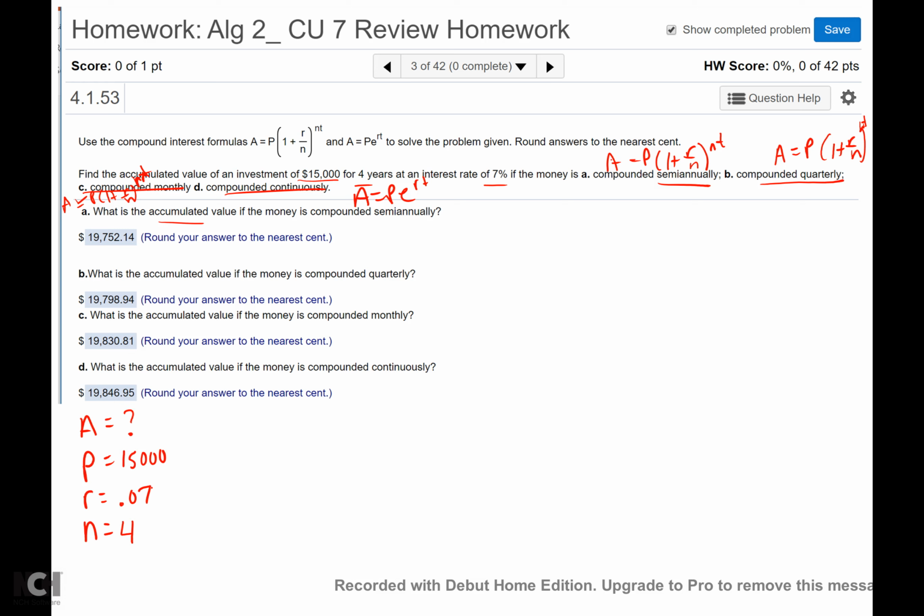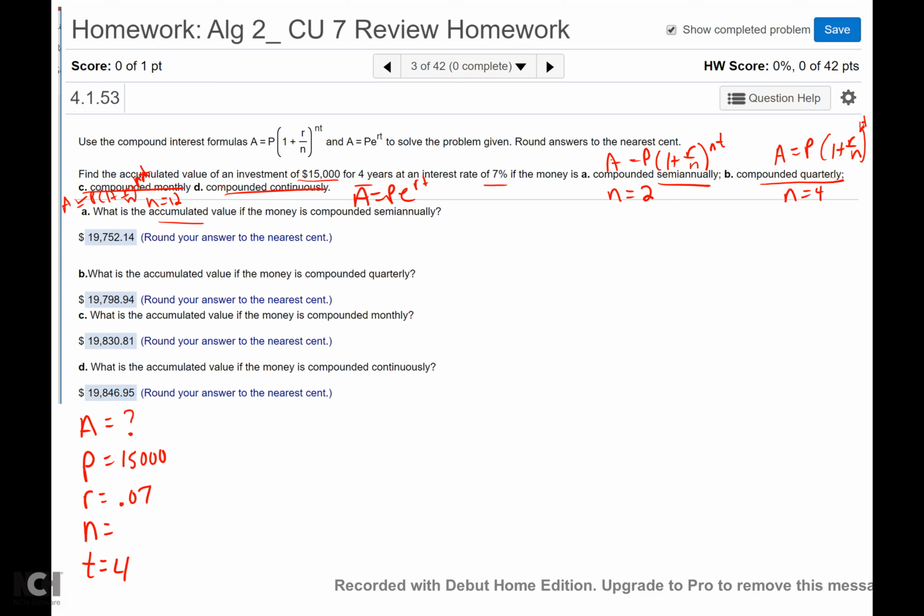Time is 4, my bad. N is going to vary depending on the problem. For A, n will be 2. For B, n will be 4, quarterly. For C, n will be 12. And for D, you don't need an n.